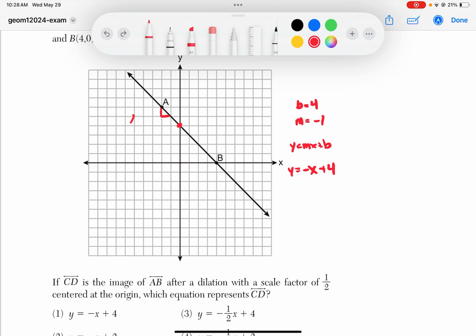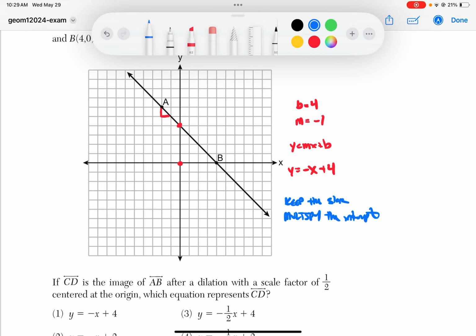So the slope needs to be preserved. That's the biggest mistake here, is they will multiply both the slope and the y-intercept by the scale factor. The slope's going to stay the same to preserve that similarity. But the y-intercept is going to be multiplied by 1/2. So keep the slope, multiply the intercept.